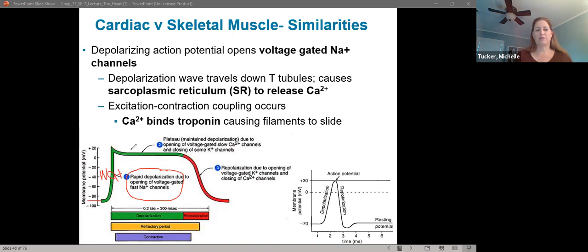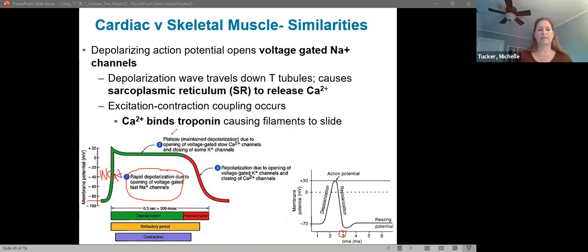But then we do not get a rapid repolarization. Instead, we have a very prolonged plateau. If you look at a skeletal muscle action potential, it's done in 3 milliseconds. So you can have action potential after action potential very rapidly, and they can summate into a tetanic contraction.